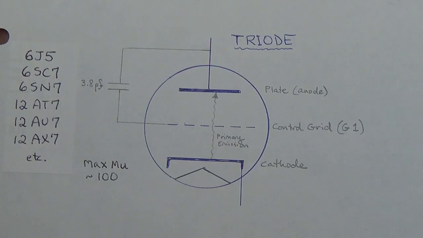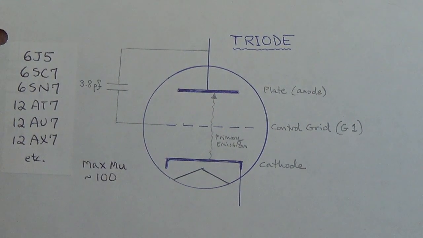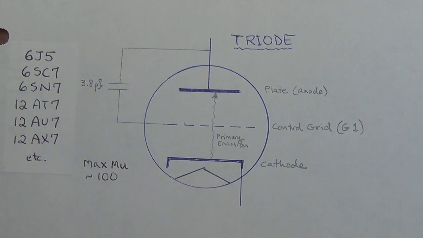So let's have a brief review of the triode. We see it's the earliest and simplest of all vacuum tubes, invented back in 1906. It comes in 2 different forms. It can be a single triode, as in the very early 6J5, or it can be in the duo triode form, which we see in the 12A series of tubes.